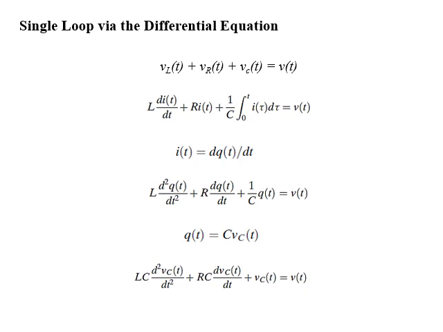For this method, we'll apply KVL to the circuit. KVL gives us the first equation, which states that the sum of voltages across inductor, resistor and capacitor will be equal to the source voltage. Now we'll replace the voltage across inductor, resistor and capacitor with its voltage-current relation given in the table at slide number 15.